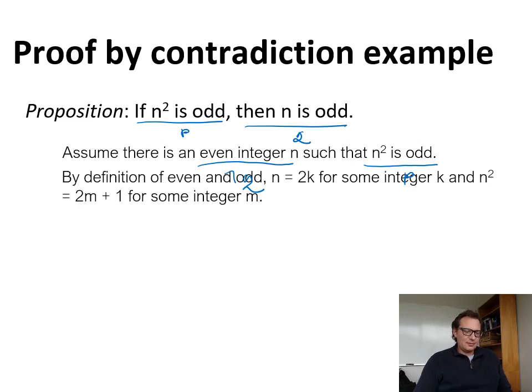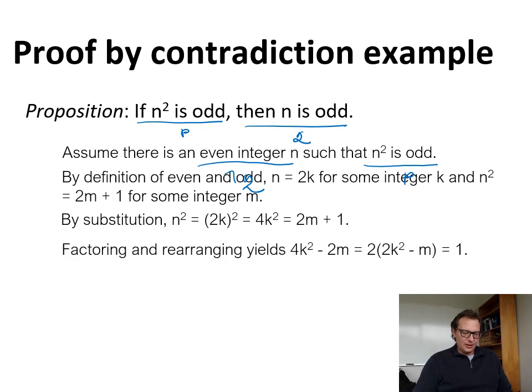So how do we go about this? By definition of even and odd, we know that n is equal to 2k for some integer k, and n squared is equal to 2m plus 1 for some integer m. Then, by substitution, n squared is equal to (2k) squared, which is 4k squared, which is equal to 2m plus 1. From there, if we rearrange things a little bit, we get that 4k squared minus 2m is equal to 2 times (2k squared minus m), which is equal to 1.